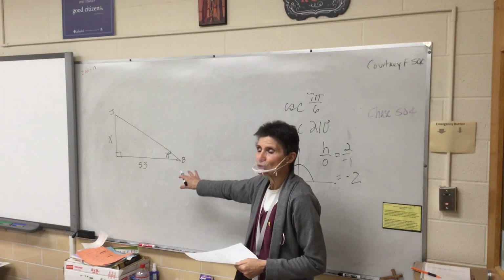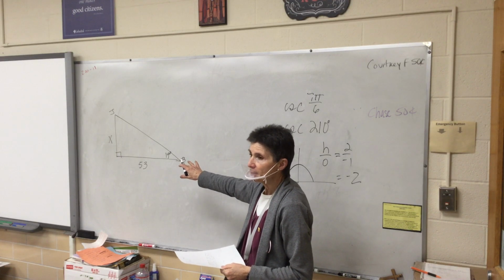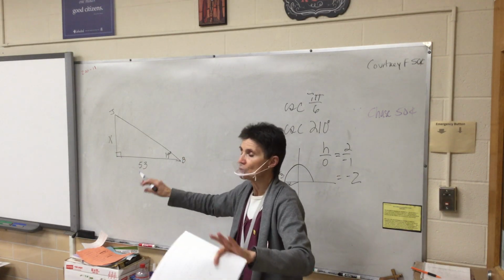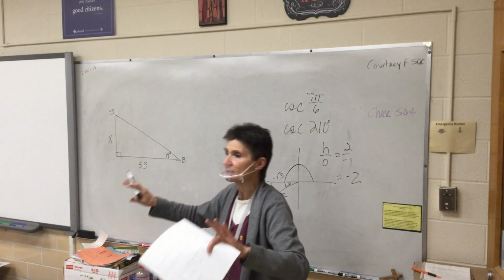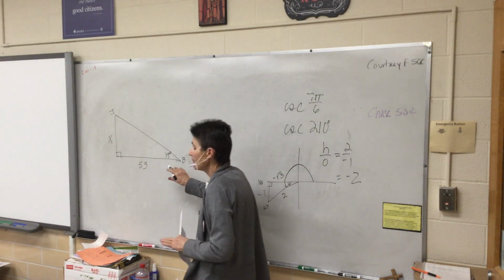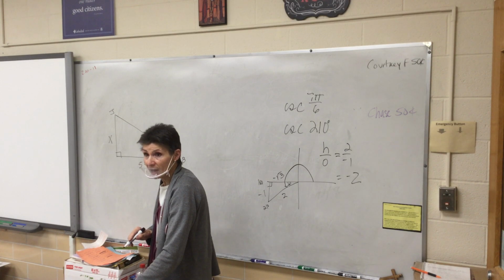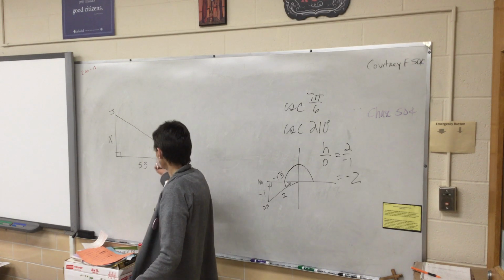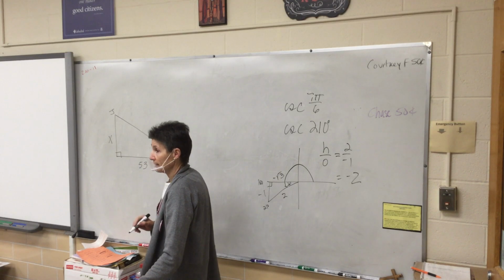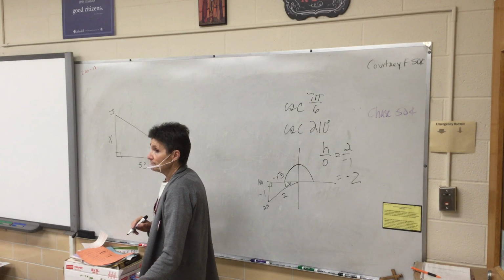Okay, so now your job is to simply write the equation. You don't have to do anything with it, just write the equation. So remember, the equation that you write is going to be sine, cosine, or tangent. So look at the scenario, which one are you gonna pick? Nope, it's a tangent problem.